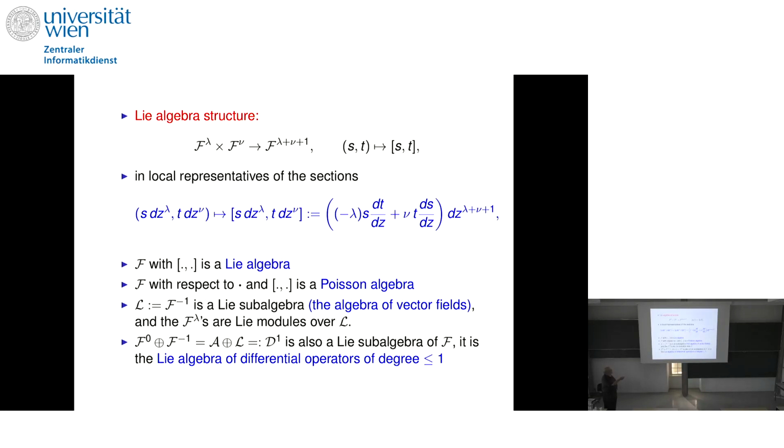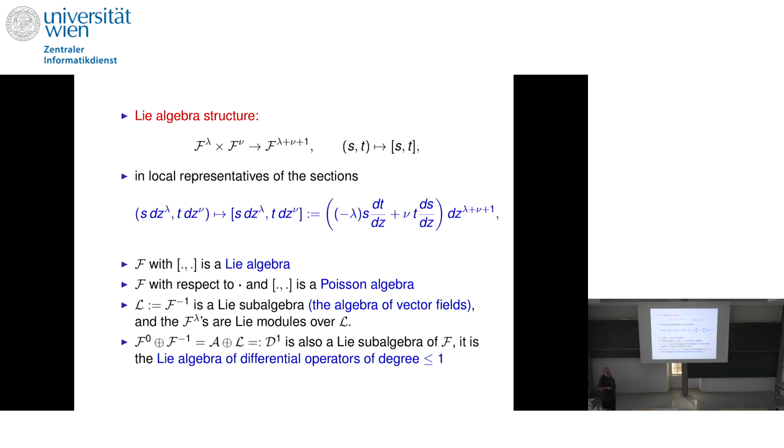So if lambda and nu are -1, it will end up in -1 again. Okay, good. So F -1 will be a substructure here, but this is quite general. This is true for everything, and now one shows that this is a Lie algebra. So F is also a Lie algebra. And of course, F is an associative algebra and a Lie algebra.